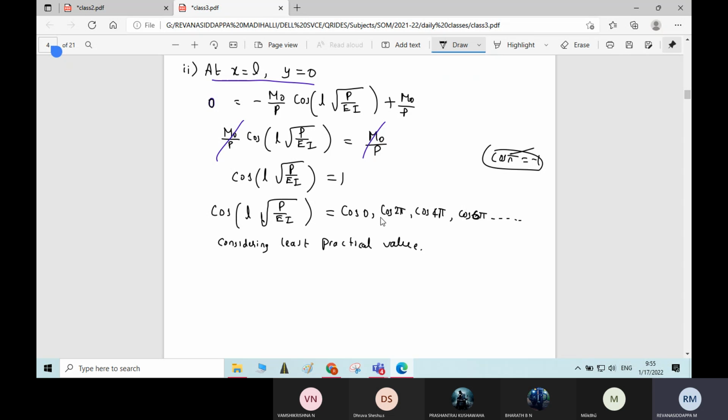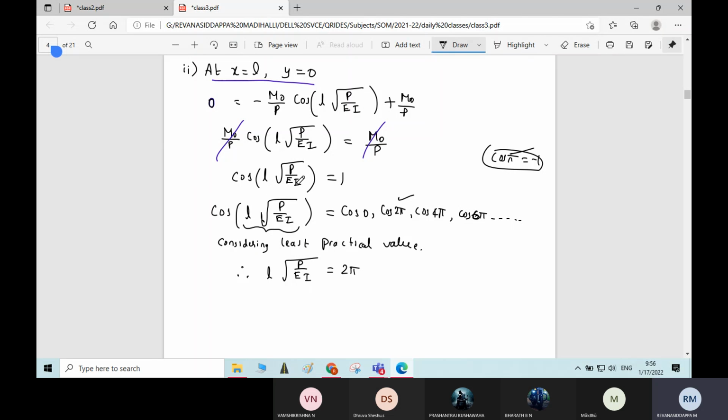So a 360 degree difference we need to consider. Considering the least practical value, 0 will not come, so 2 pi will come. Therefore L root P by EI is equal to 2 pi.